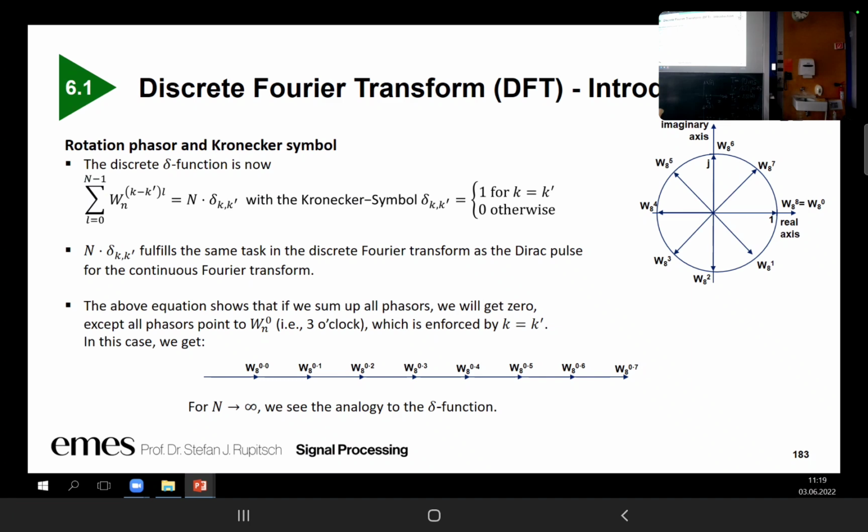Why do we not obtain other frequencies for a signal which is correctly sampled as an output of the discrete Fourier transform? If we assume a sinusoidal signal with a frequency of 50 Hz, we assume that the signal is correctly sampled.